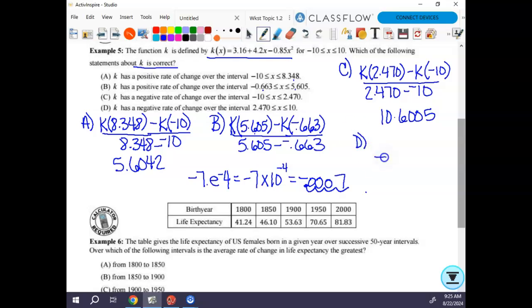So go ahead and write down D. Double check that we have it written correctly. And we are going to type this one in.